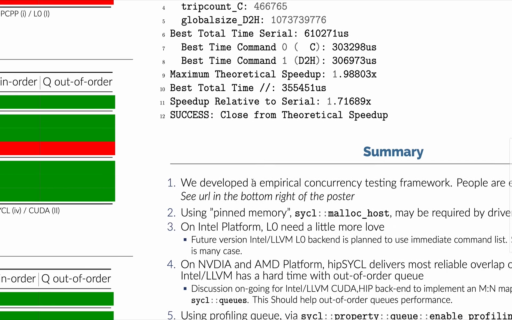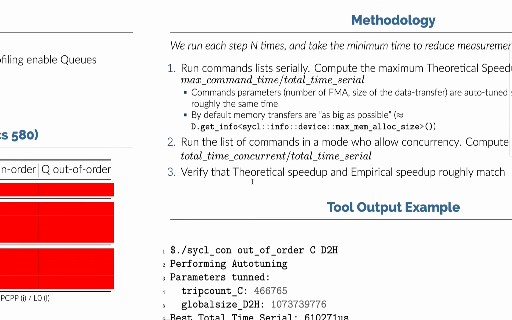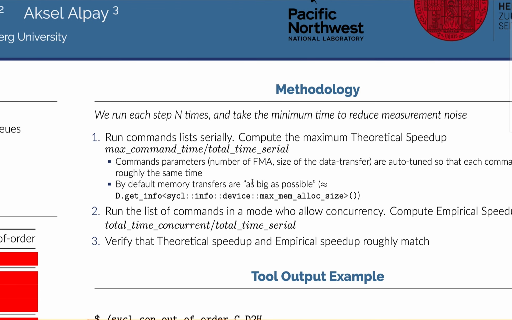A little note on the methodology before seeing the results. We run each experiment multiple times and take the minimum, so we have kind of a best case scenario. First we run all the commands serially and time each individual command, and we compute the maximum theoretical speedup that you can achieve.